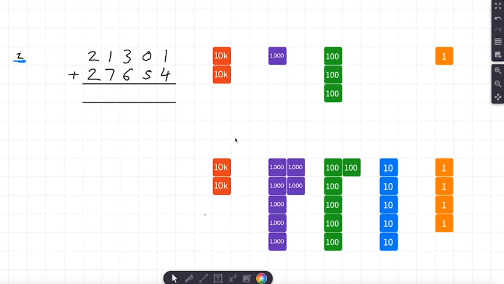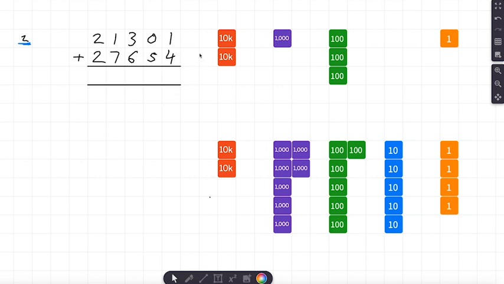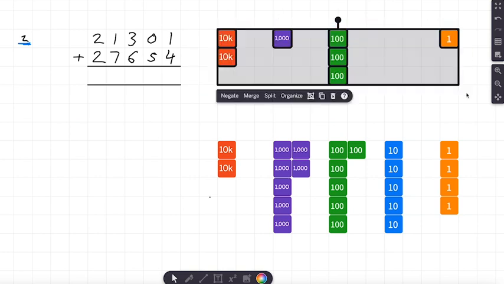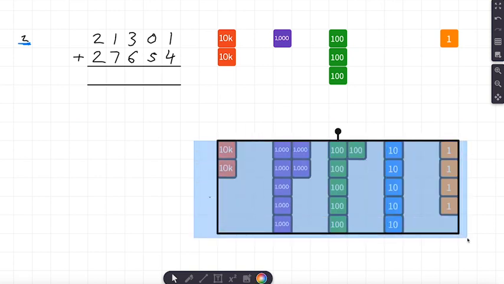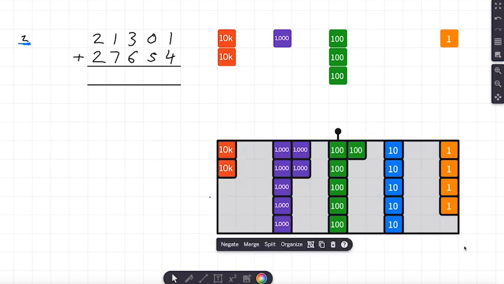So on to question number 2. We have 21,301 plus 27,654. And you can see the 21,301 there and the 27,654 there.